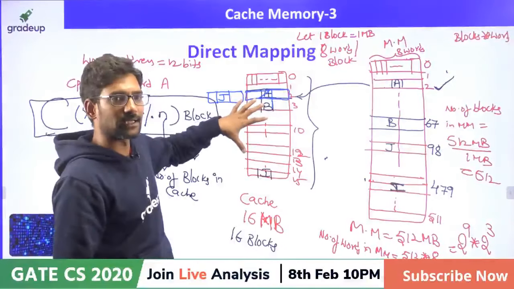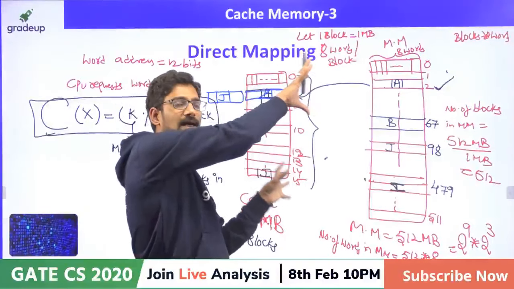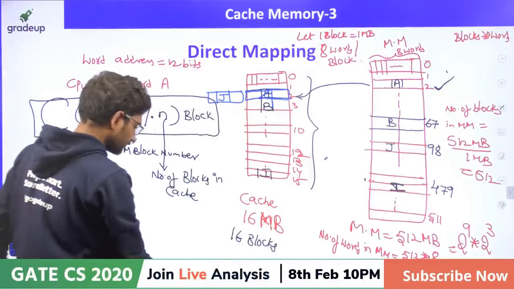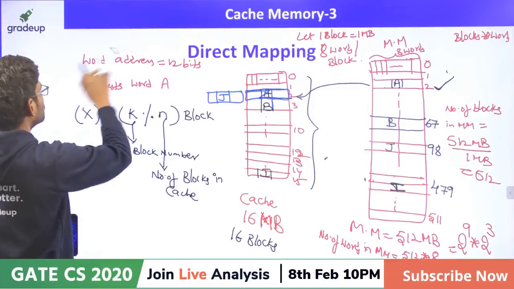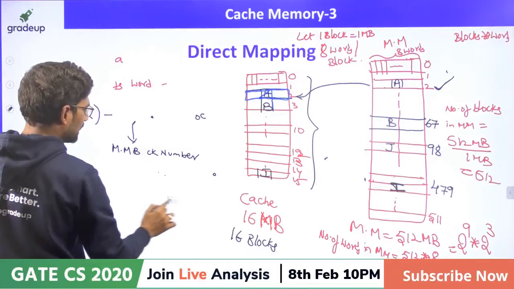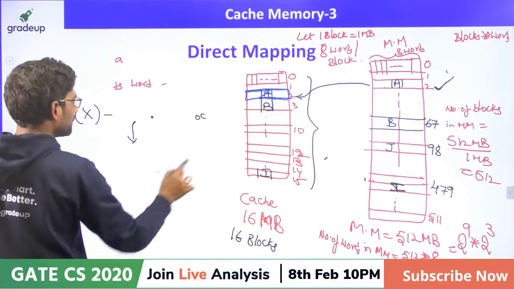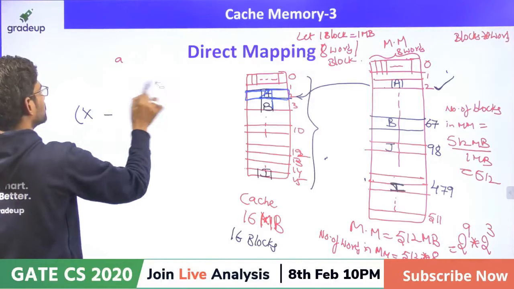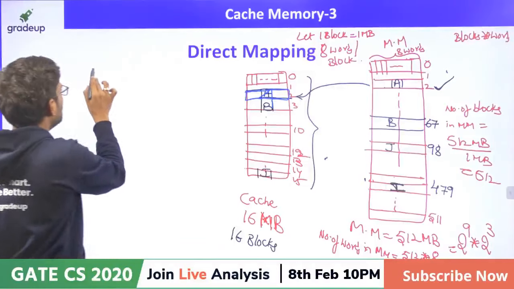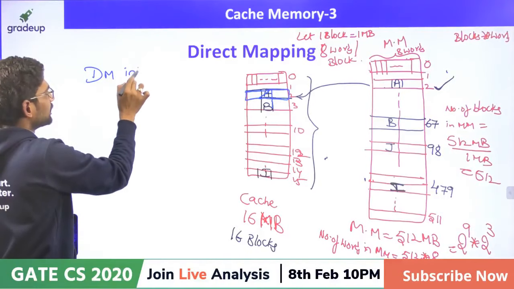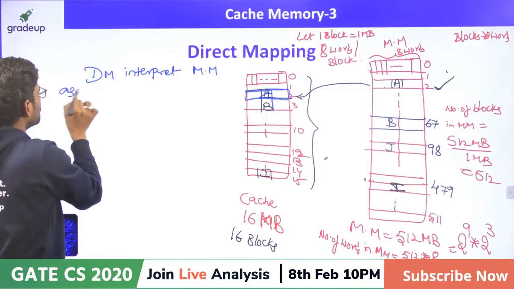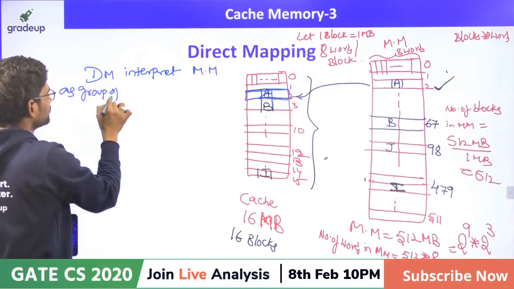How does the direct mapped cache interpret the main memory as a group of pages? The DM cache interprets main memory as a group of pages.